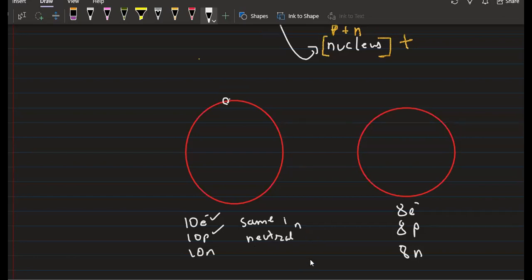Got it? So what is the meaning of a neutral atom? Just think about it. It means the net charge is zero. Yes or no? Neutral atom means the net charge is zero. Because if you have 10 positive charges and 10 negative charges, what will be the total charge?